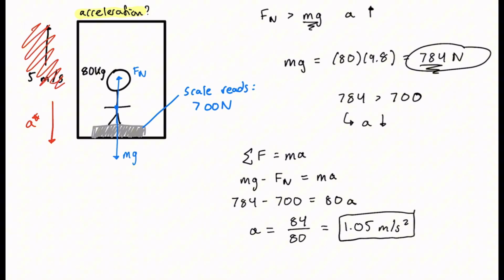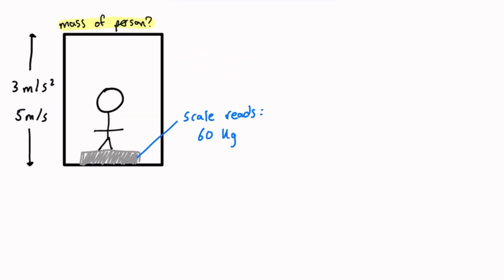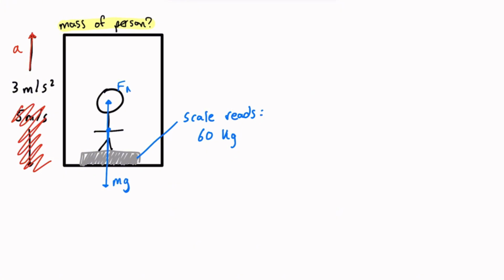Let's move on. For our final problem, we're told to find the mass of the person, given an acceleration upwards, a velocity downwards that we can ignore, and a scale reading that says 60 kilograms. This problem is a bit different because the scale reading is in kilograms instead of newtons, but this is no problem for us. Let's start by drawing our FBD. We have mg downwards and normal force upwards.